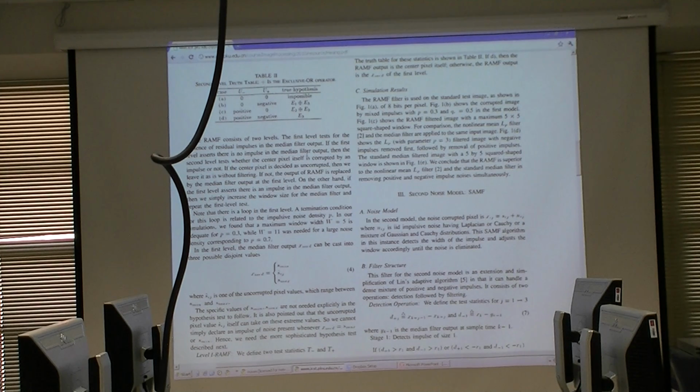So that one is the first level, and then the second level. In the first level, if it is proved there is no impulsive noise, then in the second level they will see if it is present. Is that X time 0 or an error? Oh, okay.